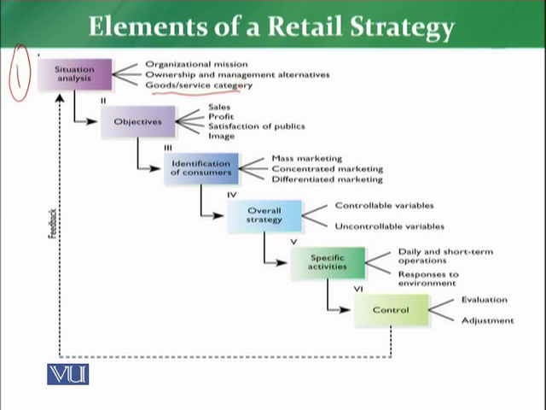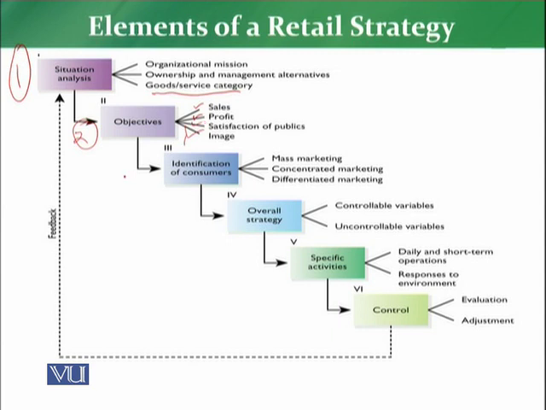So ये 3 बातें first element of situation analysis के अंदर डिस्कस की जाती हैं. इसके फौरन बाद retailer second element के ऊपर मूव करता है, that is about setting objectives. Setting objectives for sales, for profit, for the satisfaction of customer, and for store image, store pattern, positioning of the store के perspective के अंदर.